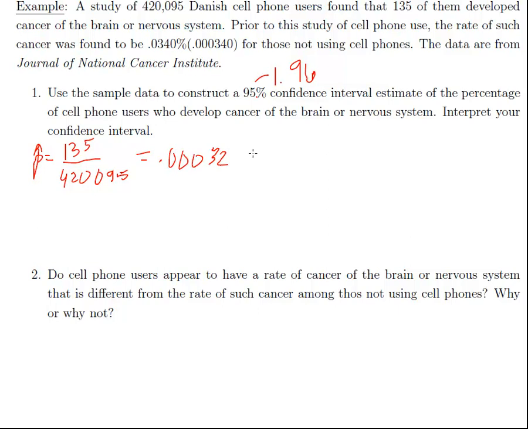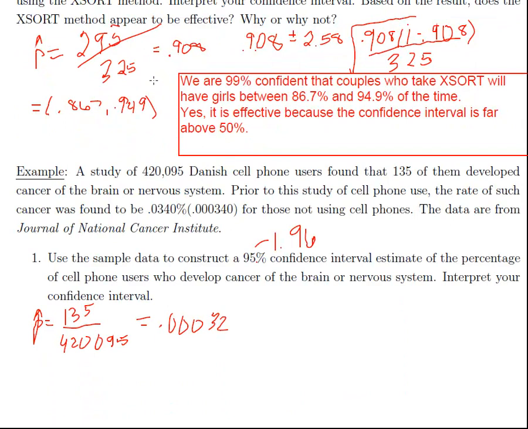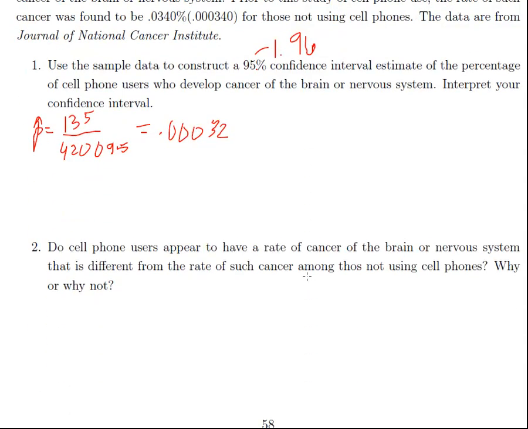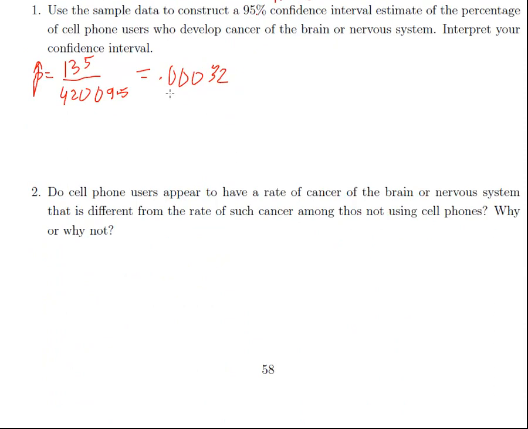All right, and then I just use my formula just like I did up here. Q hat is 1 minus P hat, so Q hat's going to be 1 minus 0.00032, and that's 0.99968. So my confidence interval then is 0.00032 plus or minus 1.96, because that's the value for the 95%.